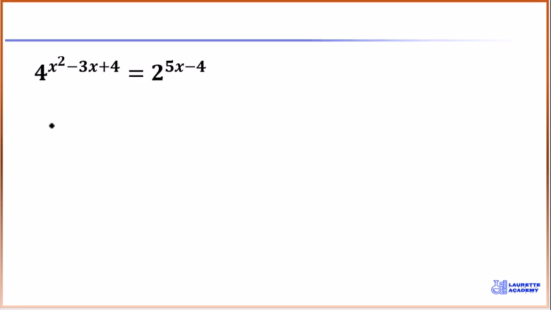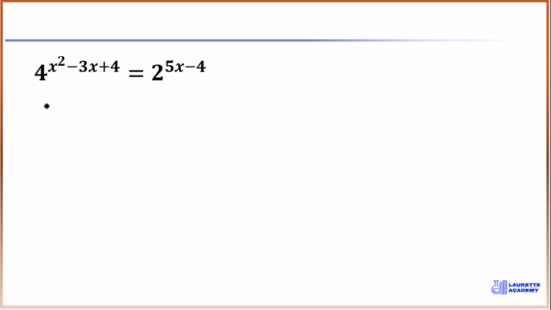We have that 4 raised to the power x squared minus 3x plus 4 equals 2 raised to the power 5x minus 4. We can immediately recognize here that 4 is a power of 2. So we can write 4 in terms of 2.